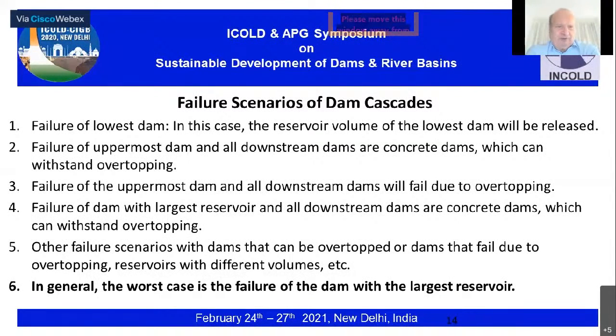Number four, failure of a dam with the largest reservoir, and all downstream dams are concrete dams which can withstand overtopping. So basically, the consequences would be similar to the failure of this largest reservoir.